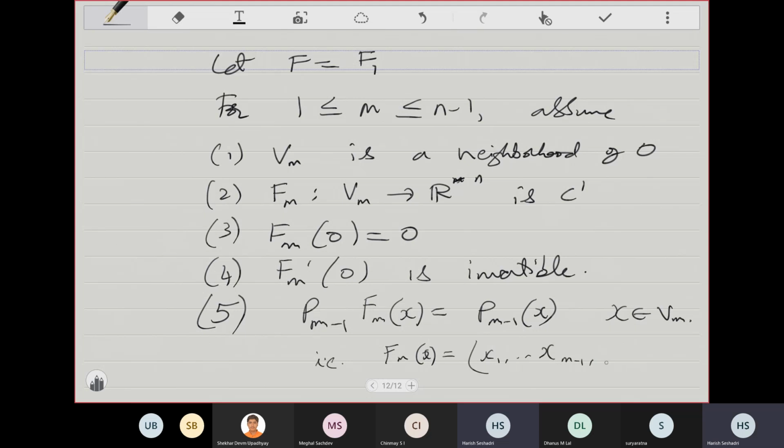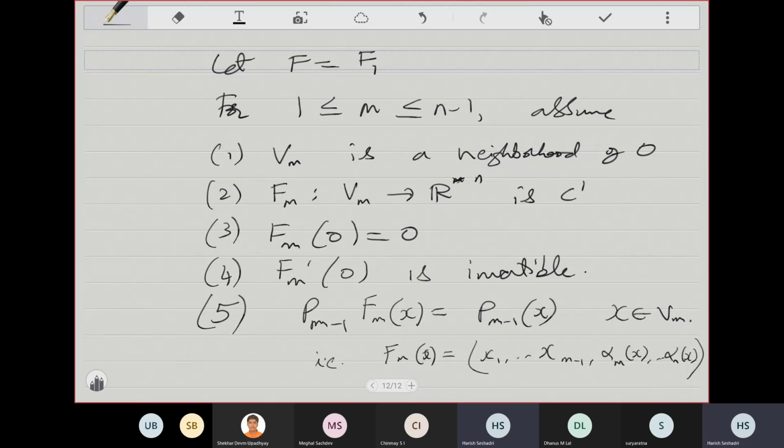The others we have no control over. So that is alpha m x, and then finally alpha n x. So this is what I mean by improving at each successive step.